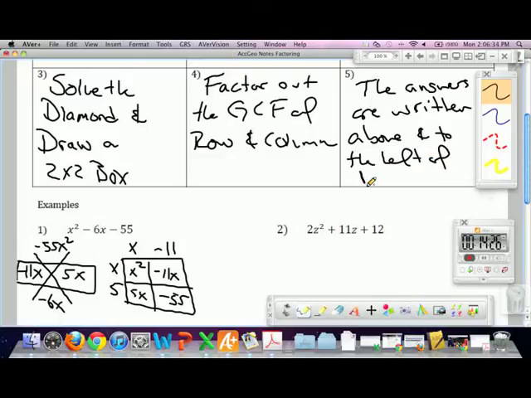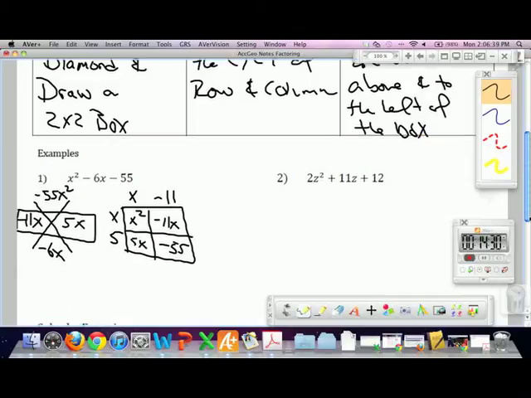So our solutions then are x minus 11, x, and positive 5. Okay. Let's factor this via the box and diamond.